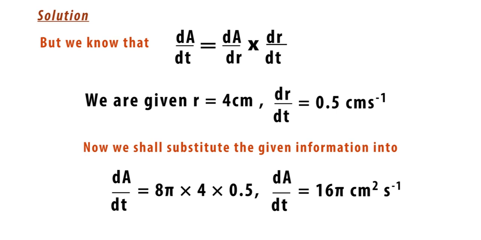When we simplify this, it gives us dA/dt is equal to 16 pi square centimeters per second. You can decide to replace pi, but as it is, we want to leave the answer like this. Good. I hope you were able to follow through with me.